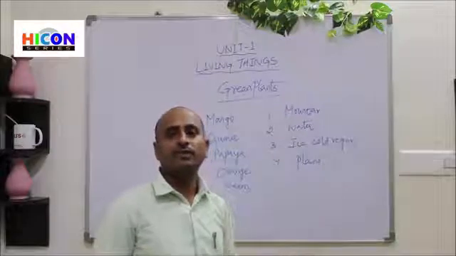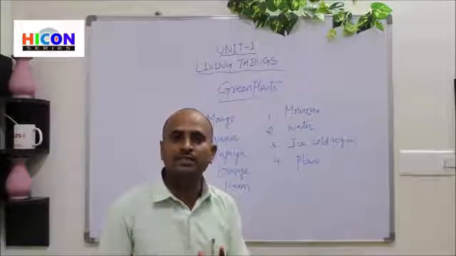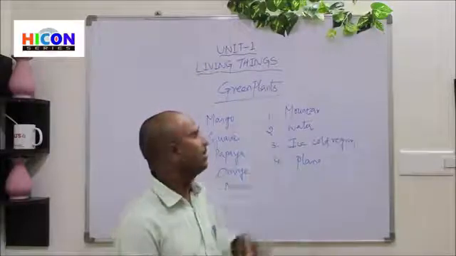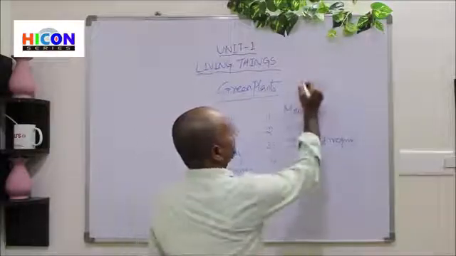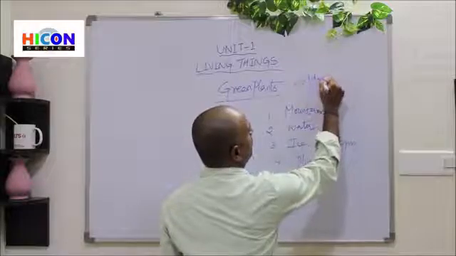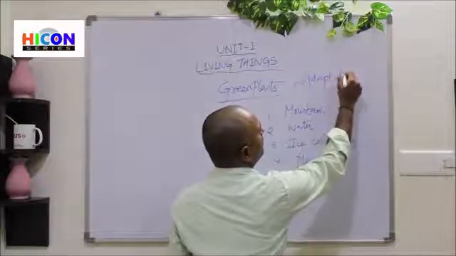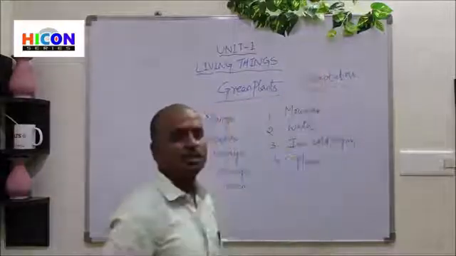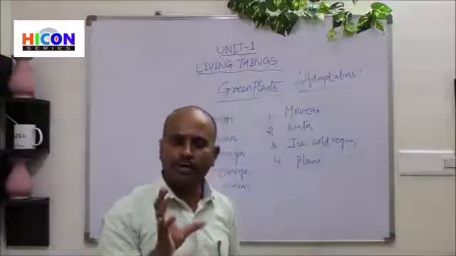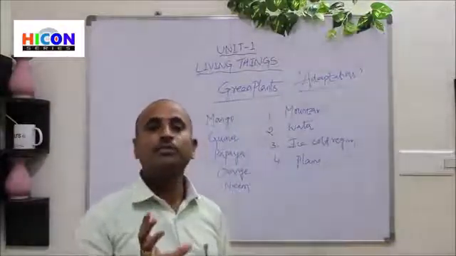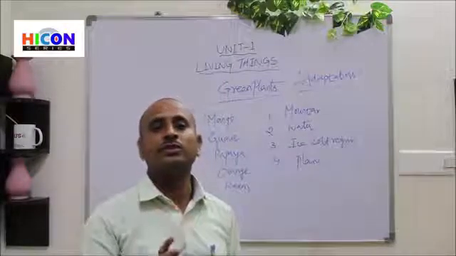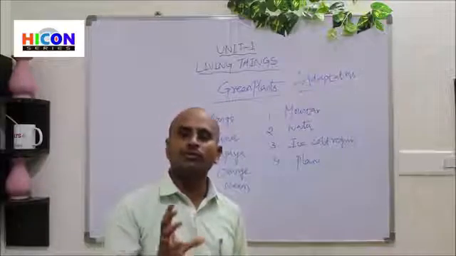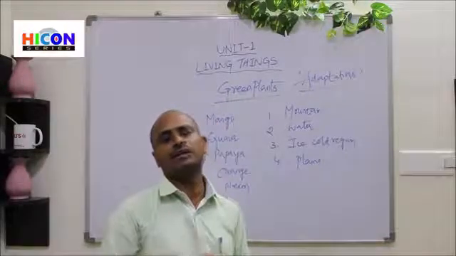So those special features developed by plants are called adaptations. So, adaptations. The plants growing in a particular region develop special features to survive in those climatic and environmental conditions.